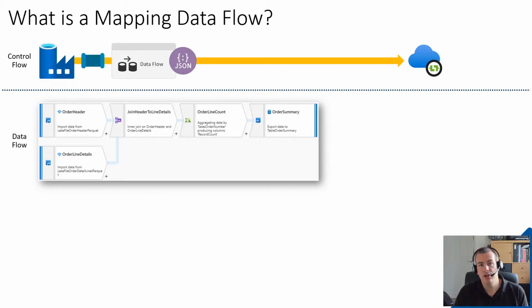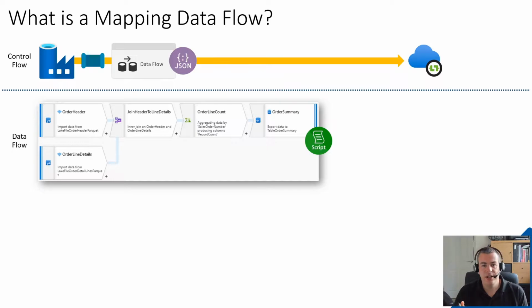Now, at our control flow level, that activity will give us the JSON output that we can work with. At the data flow level, what we get as the output is a script file. Readable, but obviously quite specific in what its purpose is.